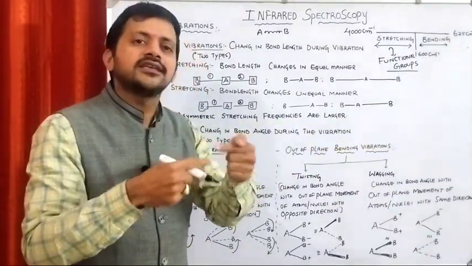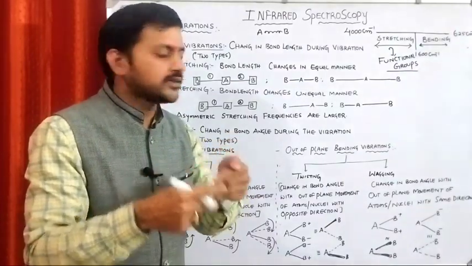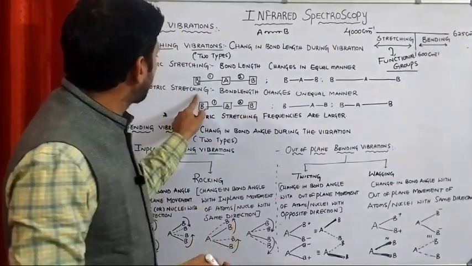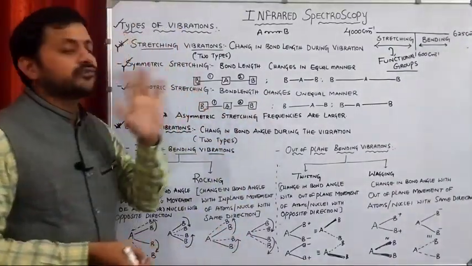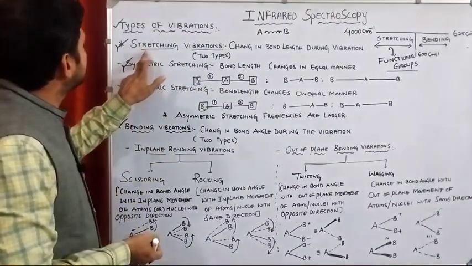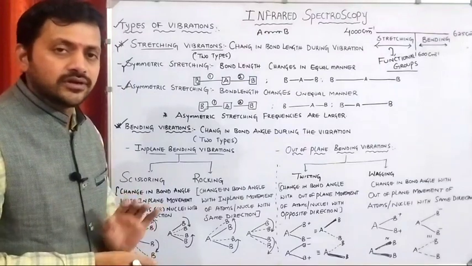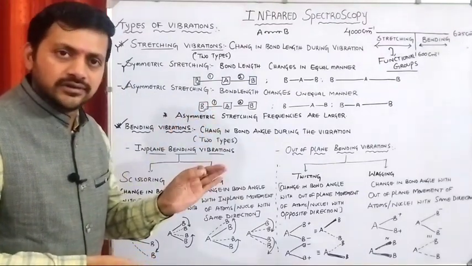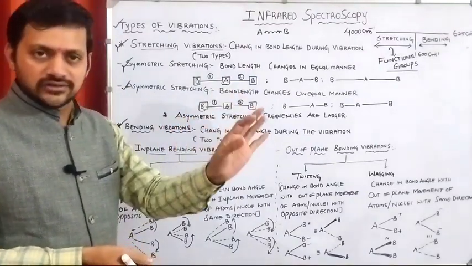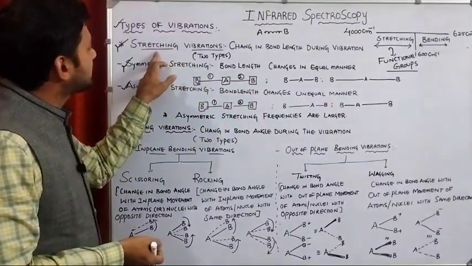If the bond length is changing in this type, then such type of vibrations are commonly called as what? Asymmetric stretching vibrations. So this is the concept of what? Stretching vibrations. So stretching vibrations means what? During the vibration, if the bond length is changed, such type of vibrations are called as what?